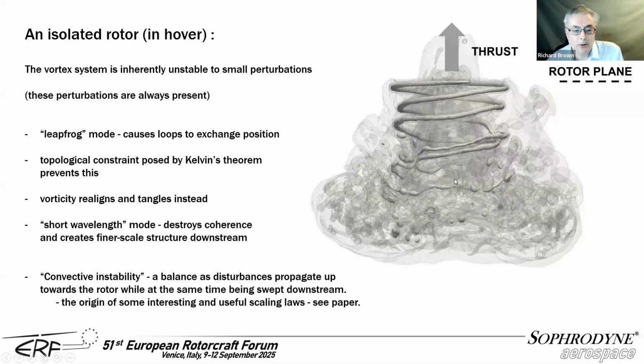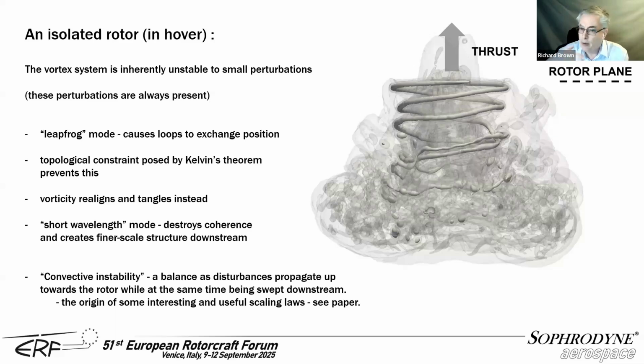Now, the interesting thing to realize is that this is a so-called convective instability within the system. So at the same time that these instabilities are growing in spatial extent, those instabilities are also being swept downstream into the flow below the rotor. So where that instability point lies is dependent on just how much thrust is being produced by the rotor, and also the rate at which those instabilities grow is proportional to the thrust produced by the rotor.